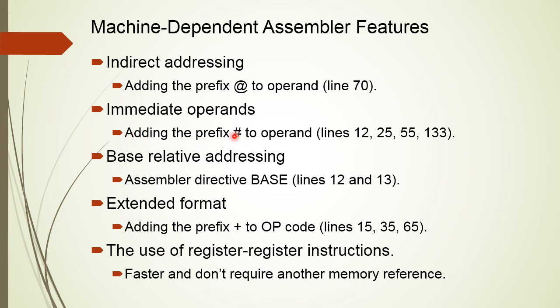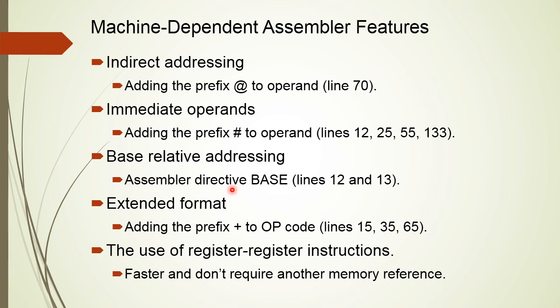If the operand is prefixed with a hash, then it is called immediate addressing. And if the program has the assembler directive BASE, then you can make use of that value in the base register for base relative addressing.